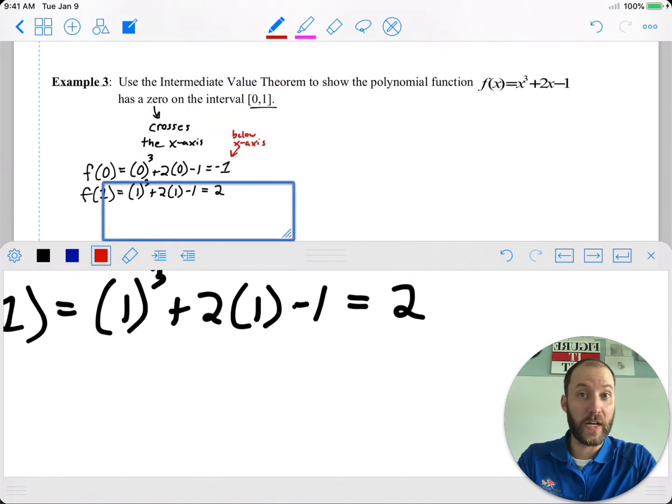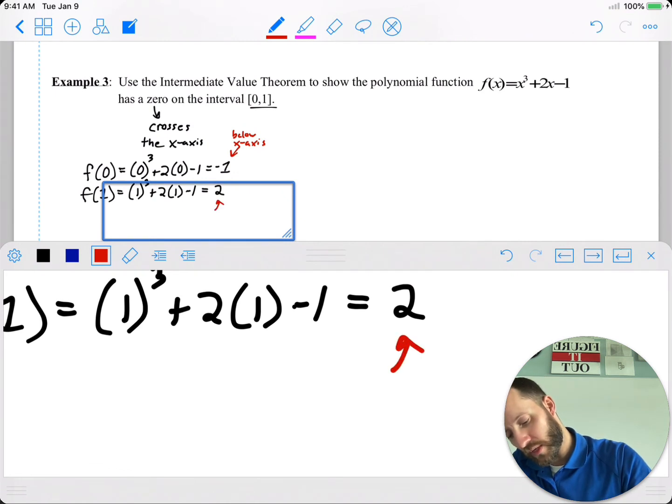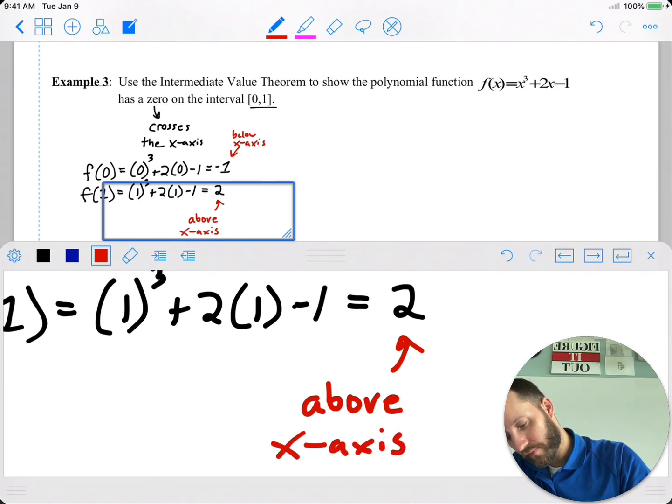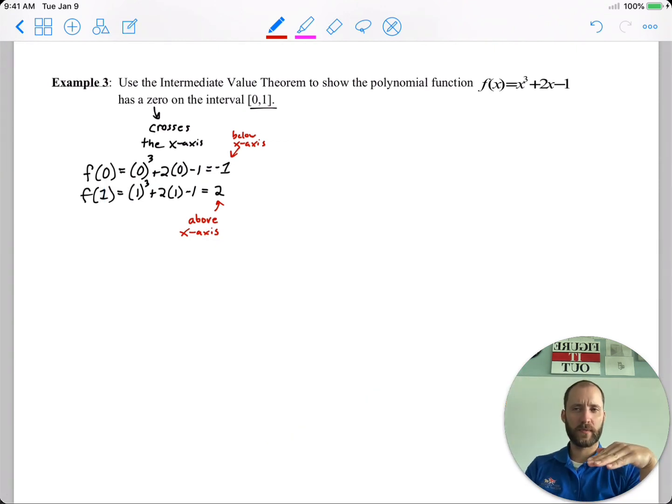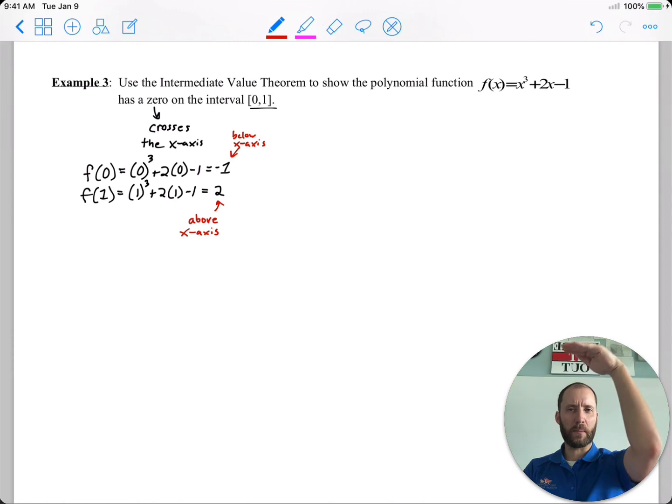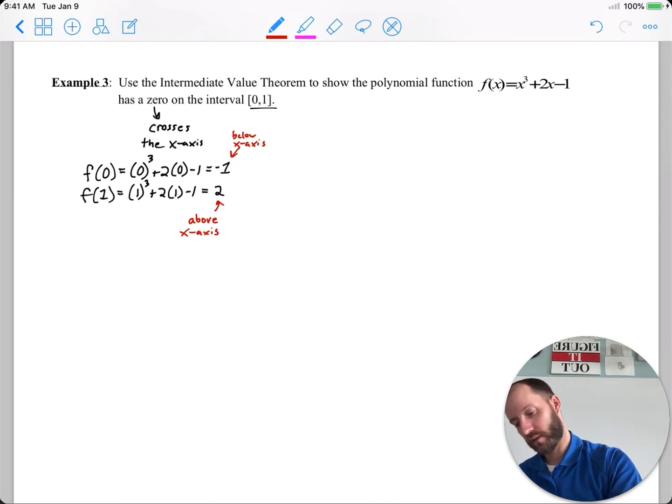And believe it or not, 2 is above the x-axis. So if we're starting below, and then we're going above continuously, I think we're going to have to cross the x-axis itself at least once.